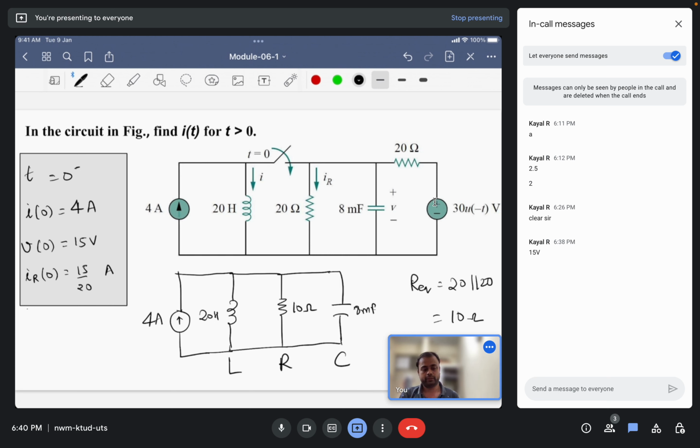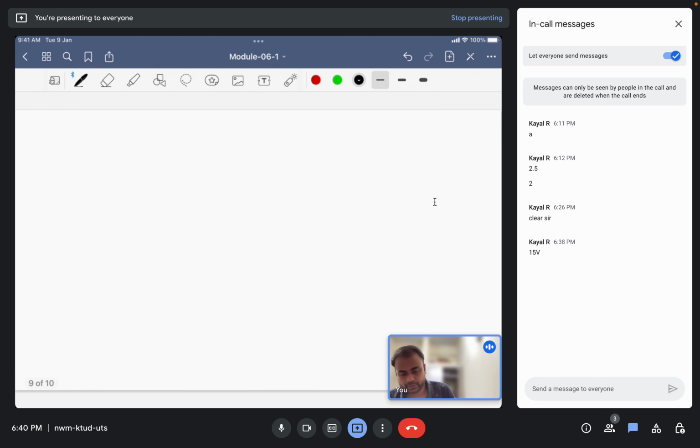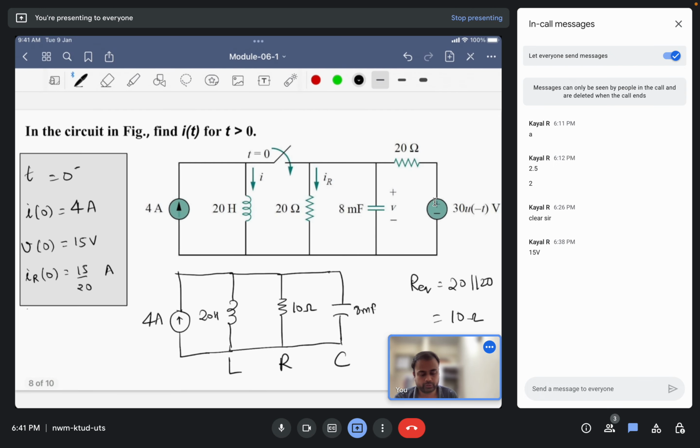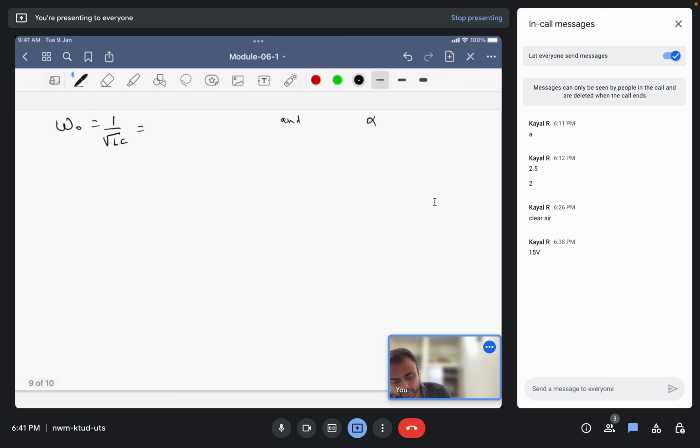Again, we'll follow the same method. First of all, we need to find the condition of our circuit, whether it is underdamped, critically damped, or overdamped. So let us first of all calculate omega naught and alpha. Omega naught is given by 1 upon root LC. So what were the values? L was 20, C was 8 millifarad.